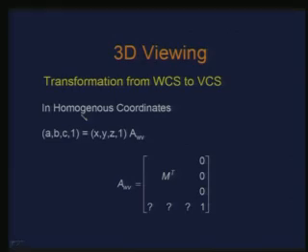So, let us say if I now represent this in homogeneous coordinates. So, that is what we deal with. We have these transformations represented in the homogeneous coordinates. So, A B C 1 is obtained from the world coordinate system point x y z, let us say, through a matrix A from world to viewing.